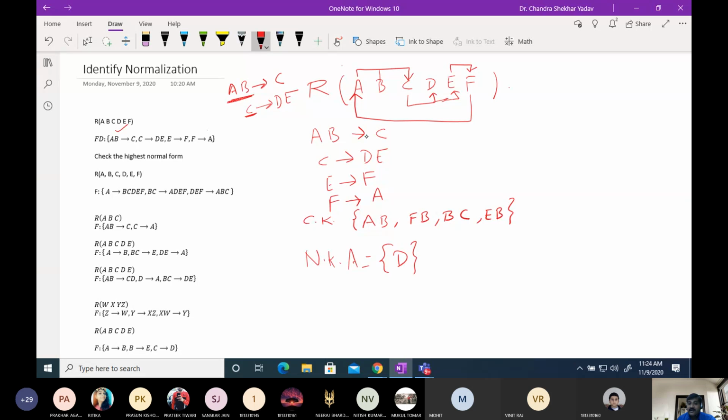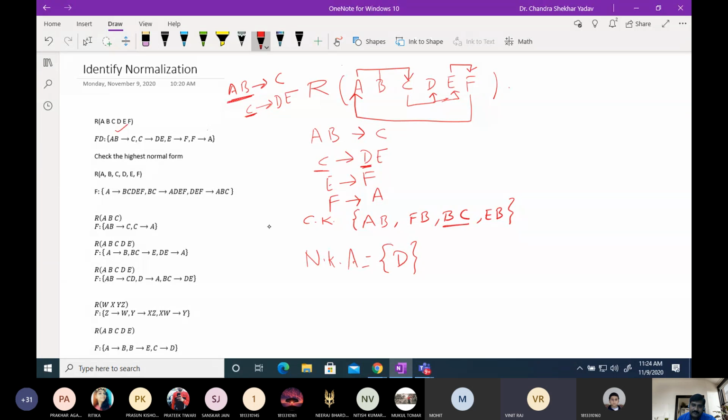So there is no transitive dependency. But since BC is a candidate key and C alone determines the non-key attribute D, there is a partial functional dependency. So R is not in third normal form, and not in second normal form. Did you get it?